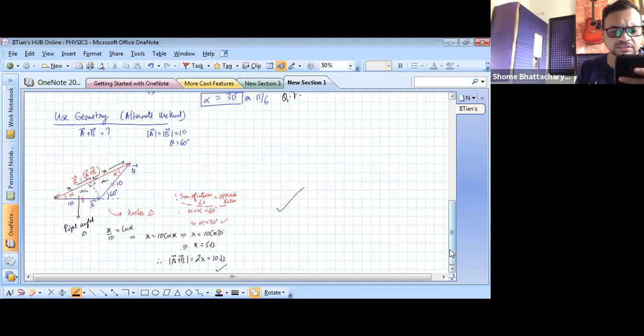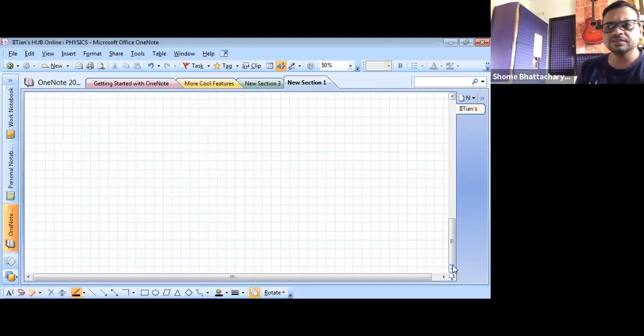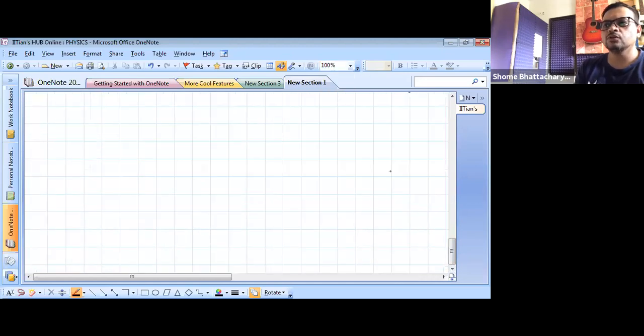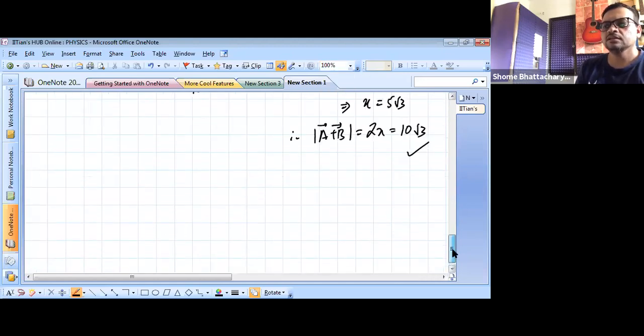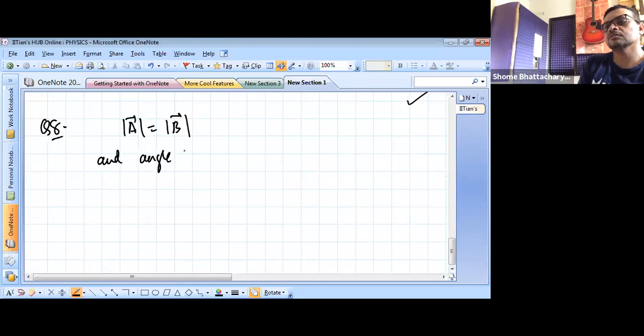The only difference is that the magnitude of A and B is not given, but it is given that they are equal in magnitude. In 6th and 7th, the magnitude was not only equal, its value was given as 10. In the 8th case, that value is not given. It is just given that mod A is equal to mod B, and the angle between A and B is 120 degrees.